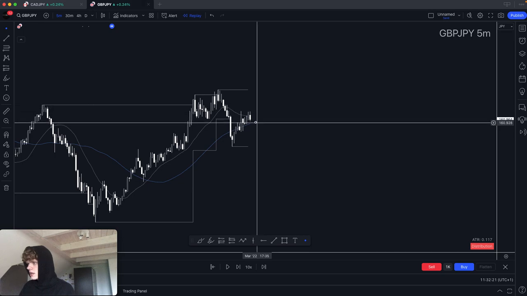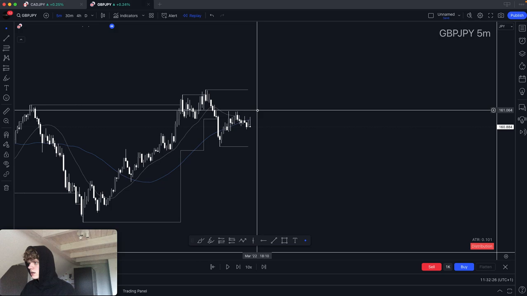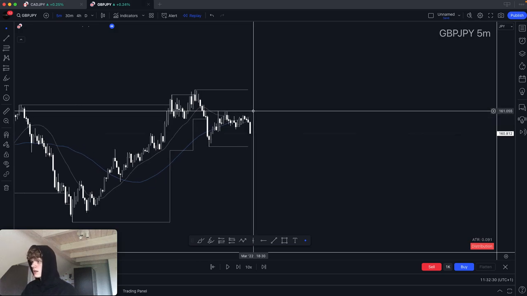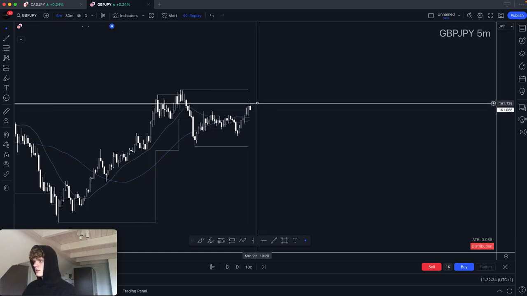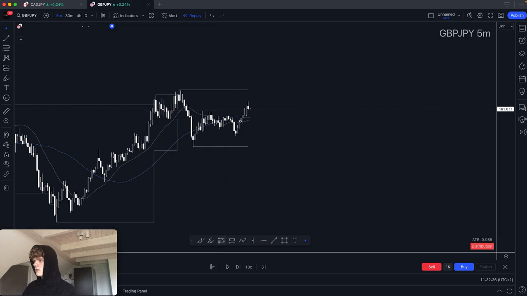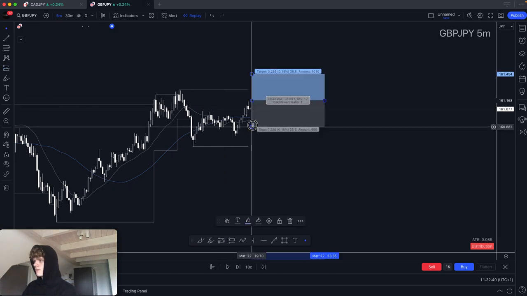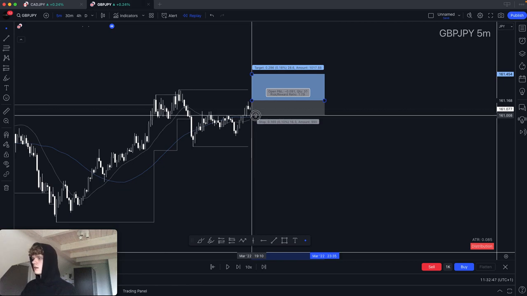So if the 20 can start sloping upwards and price can maintain above the upside, then I want to take a trade here. So sideways, need a high. Yep, I think that's fine. The 50 is just going sideways, so that's okay. 8.5 pips, I mean 16 at the highest.